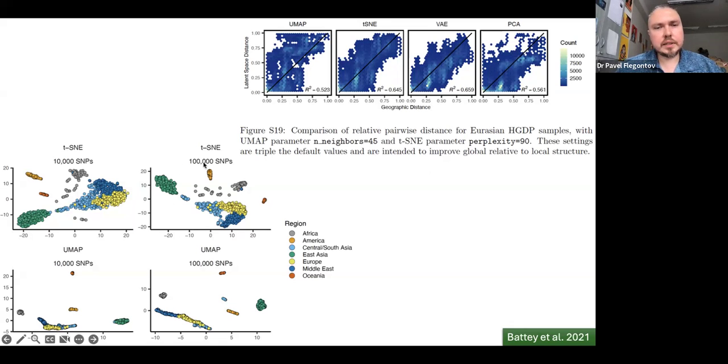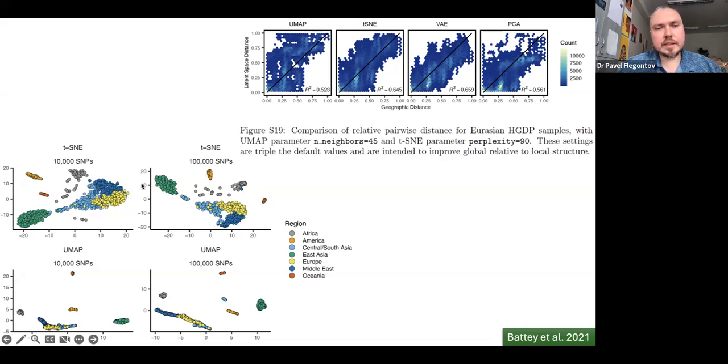But for example, here is an embedding produced by t-SNE under these best settings. And we see that Americans lie on top of Africans. So the sequence is Middle East, Europe, Africa, and America, which is absolutely wrong.